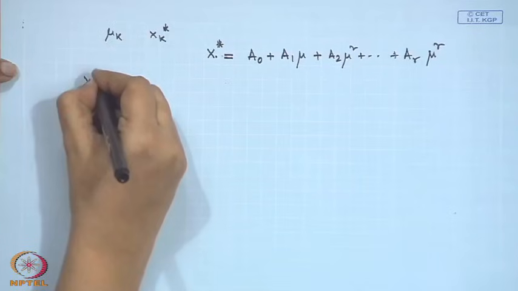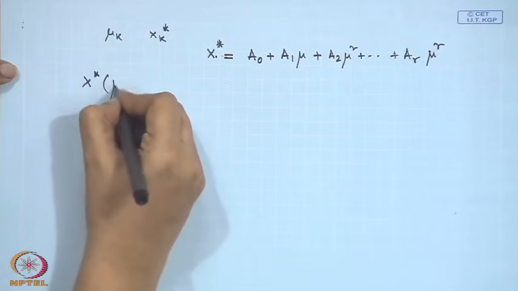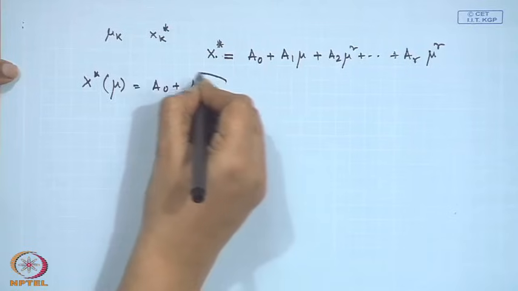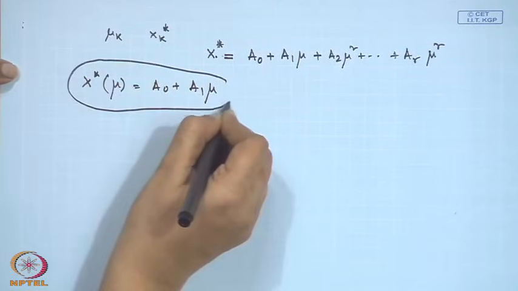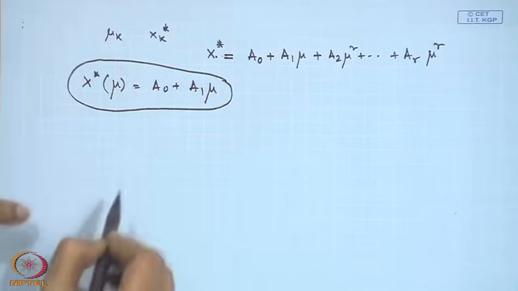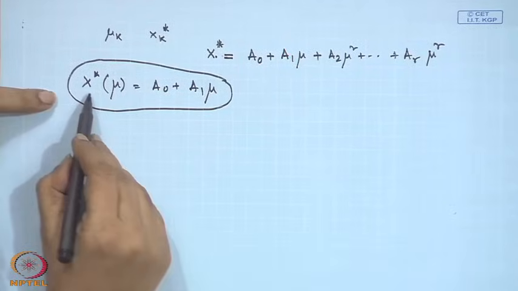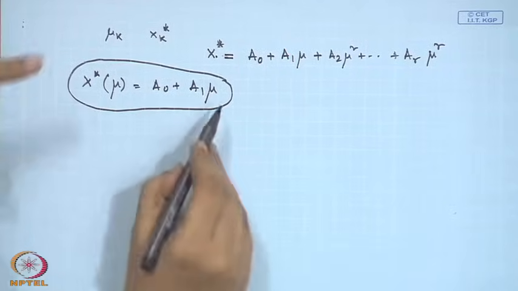Say we are considering x star of mu as a0 plus a1 mu. That means we are interpolating a linear line. We have a series of mu k's and a series of x k stars, and from there we are trying to interpolate a linear line.